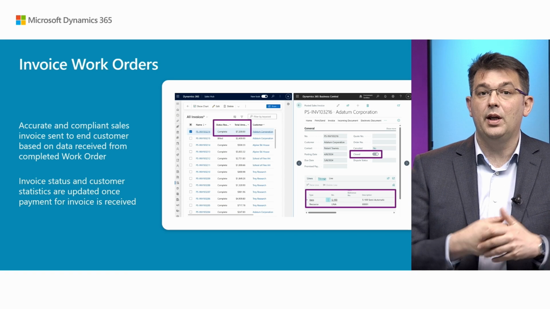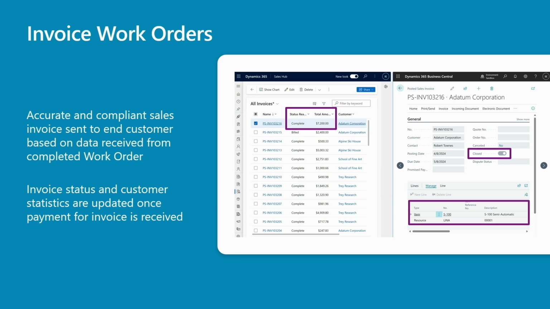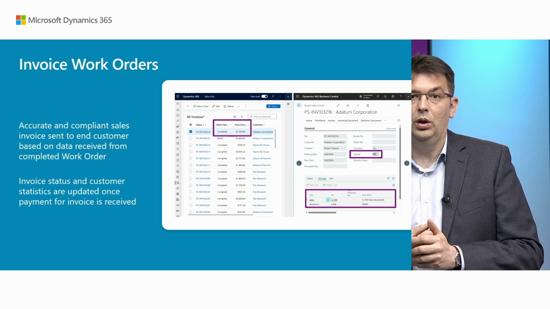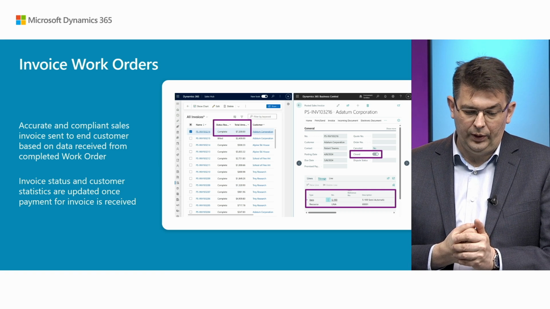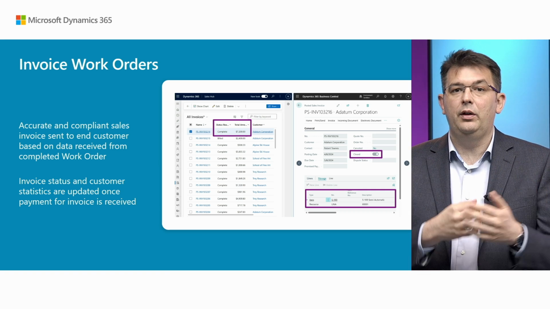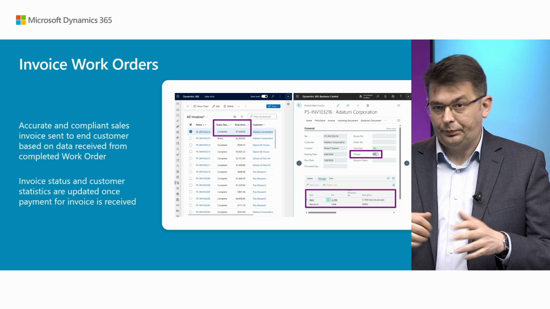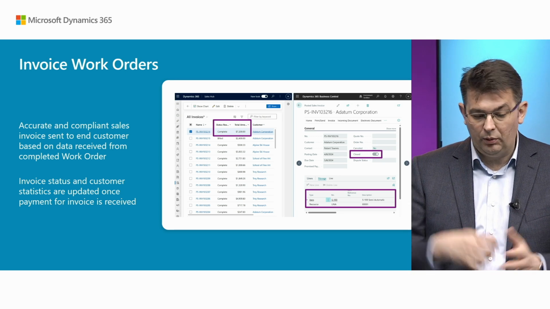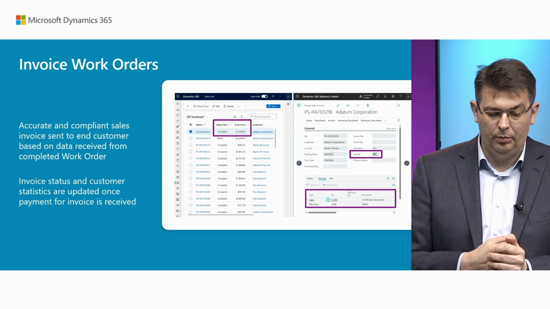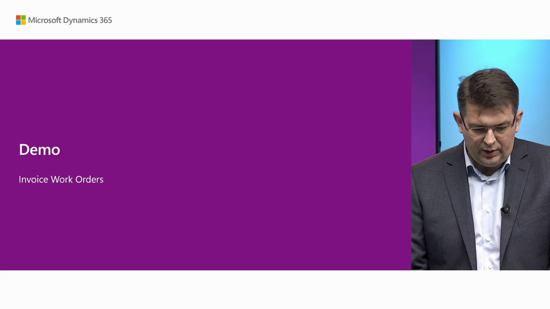And of course, this is something that is being done directly from Business Central, where once you get the project planning lines, you can simply create an invoice, and that invoice that gets created and posted will be transferred back to field service, also as an information of completion of the work order. So let's quickly see that in a demo.